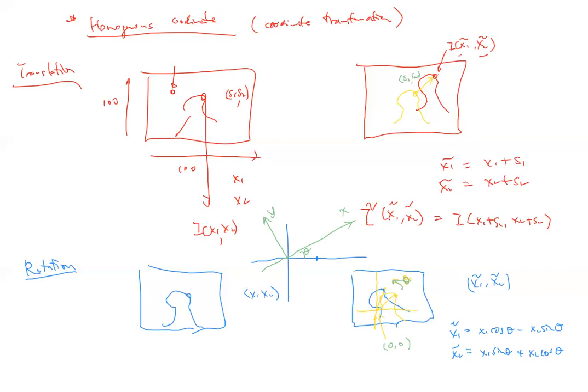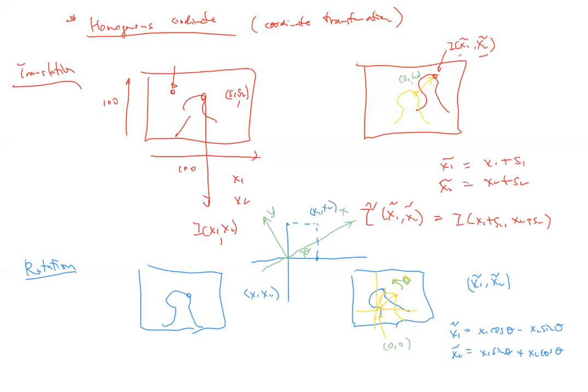The original xy is like that. Maybe I just draw a point precisely. So if I have a point here, this one will be x1 and x2.